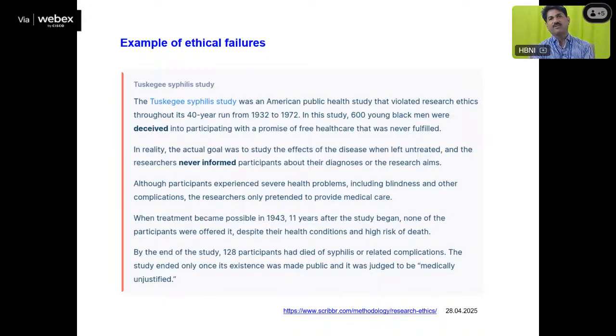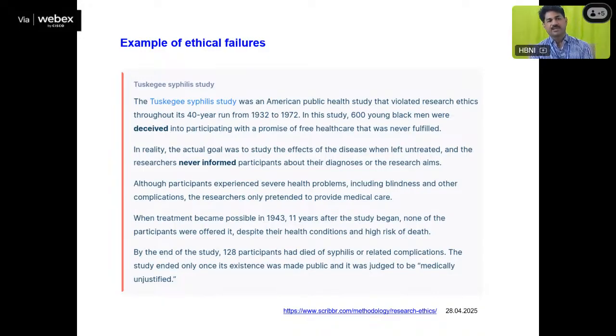So here they did not follow any ethical guidelines during the research, and you can see that many participants died, and they reported that if people are untreated, they will die. So this is definitely not the way to conduct research. In any type of research, we have to follow ethical guidelines to ensure that this type of misconduct does not occur.